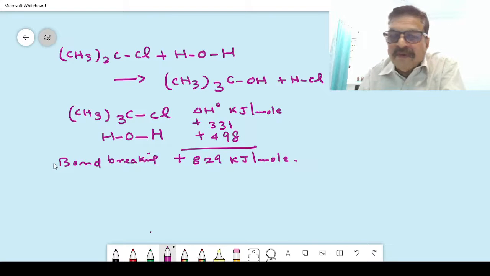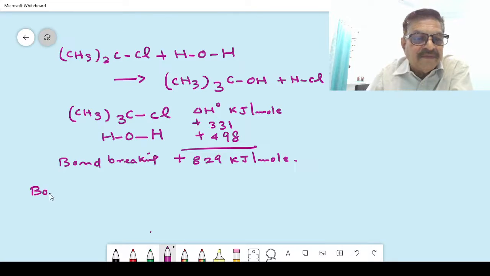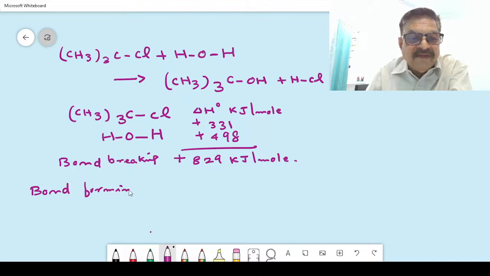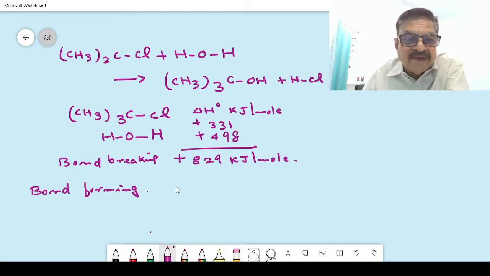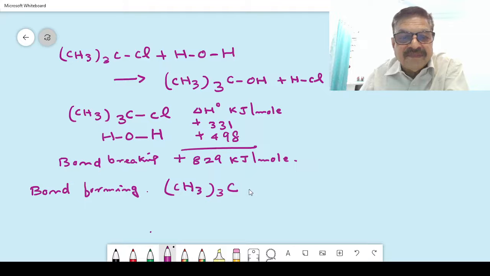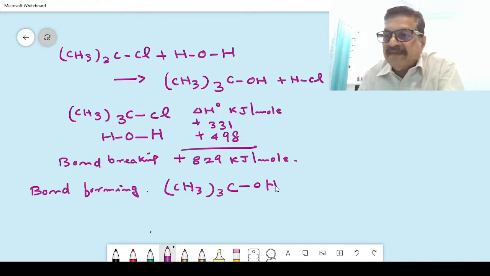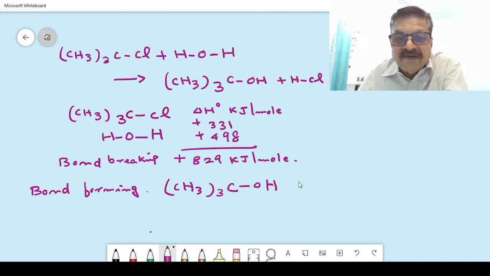Now, which are the bonds formed? Let us see the dissociation energy for bond forming. The bond formed here is in (CH3)3COH, one bond. The energy is seen to be minus 401 kilojoules per mole.